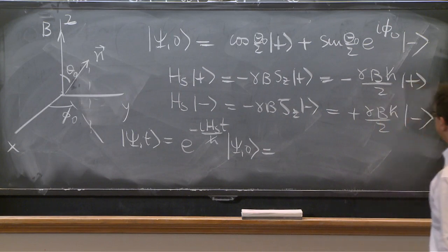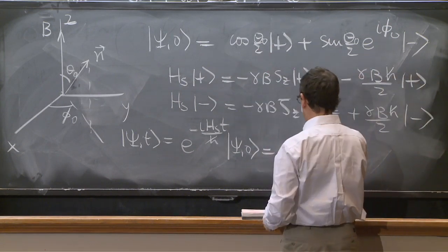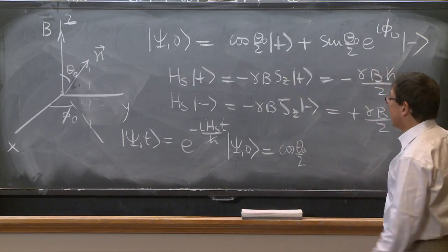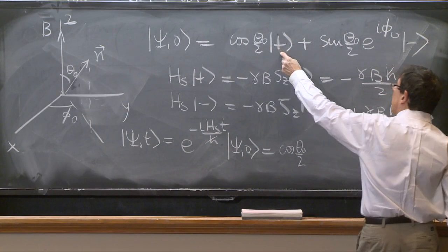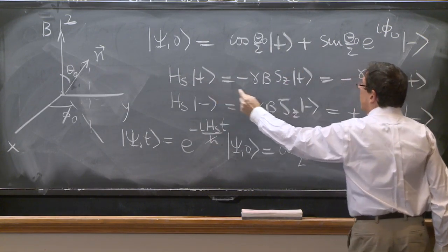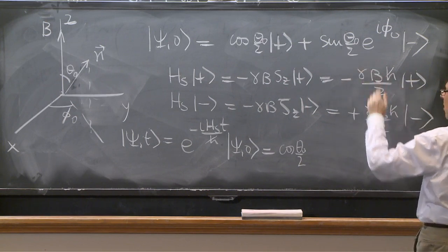So let's do it. The first term is cosine theta 0 over 2, and you have this exponent acting on plus. But the exponent has Hs, which acting on plus is this. So you can just put that number in the exponent.